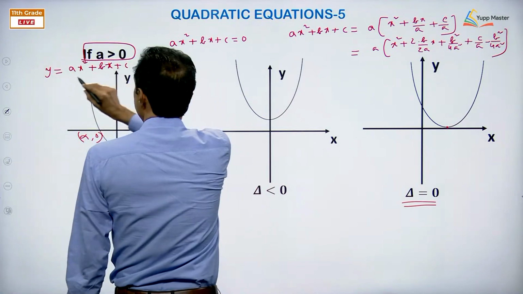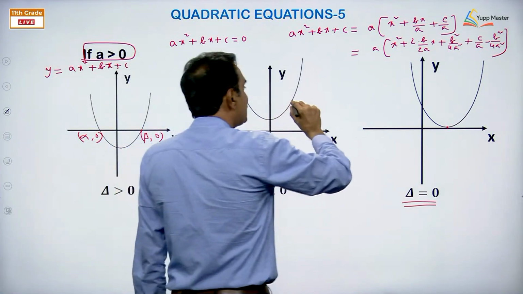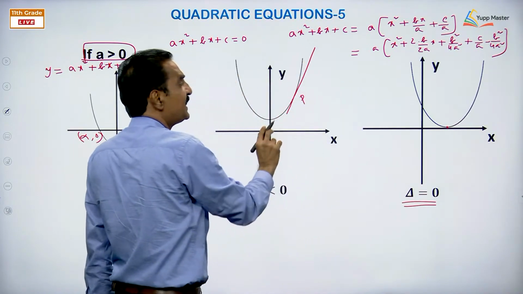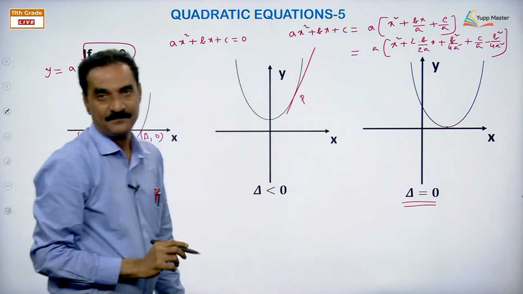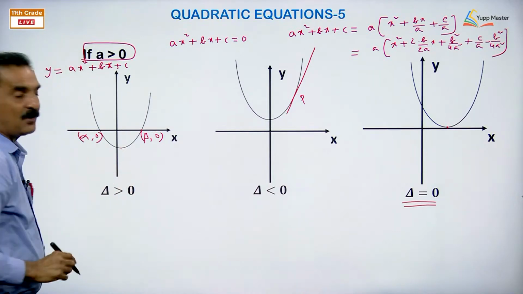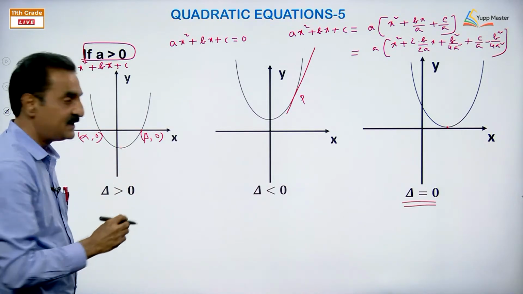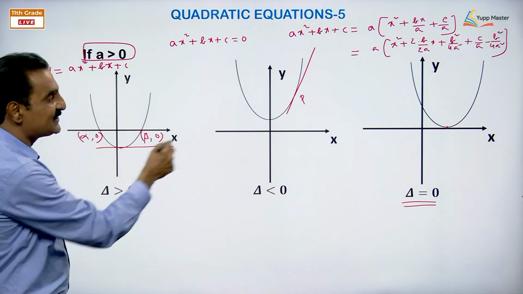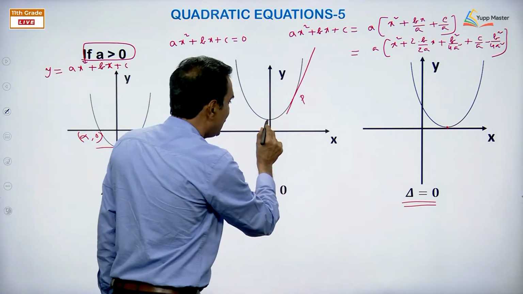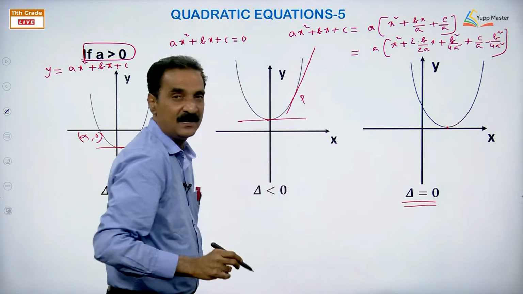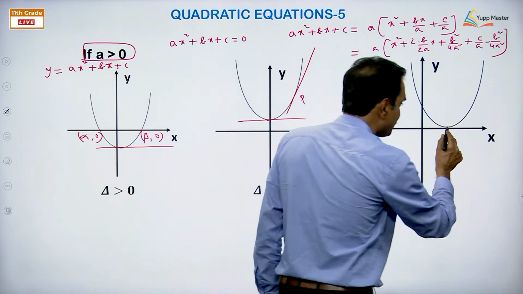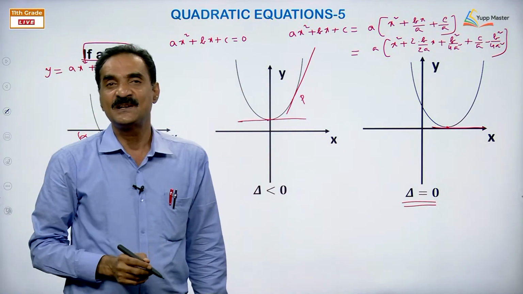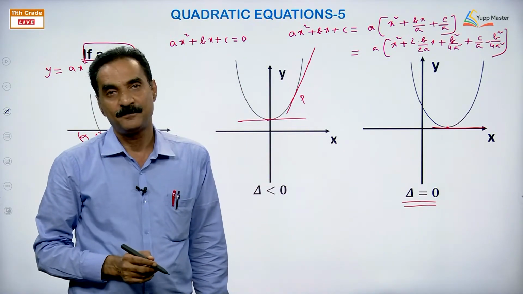If you differentiate this y and substitute some point here, then you are getting the slope of this tangent. At the bottommost point, if you draw a tangent line, then tangent will be parallel to x axis in all the cases. At this bottommost point, tangent will be parallel to x axis. If a line is parallel to x axis, then its slope is 0.